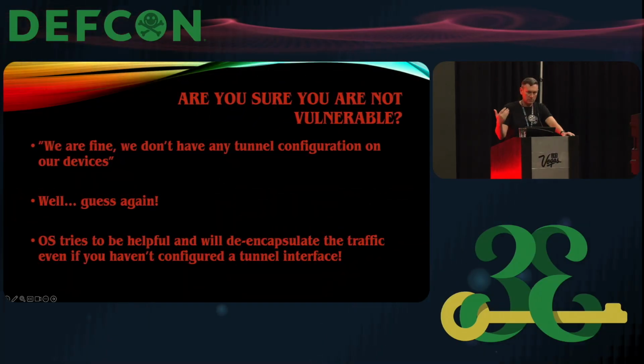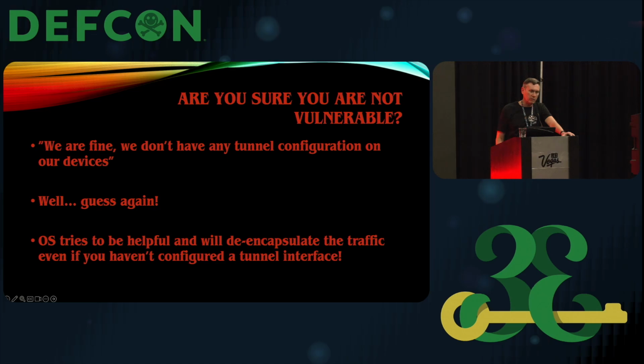So you may think that you're not vulnerable. You're like, hey, we don't even have any kind of tunnel configuration on any of our routers, so we're good, right? Wrong. The routers are trying to be helpful, and when they get a GRE packet or IP-in-IP packet, they de-encapsulate it, just trying to be helpful.